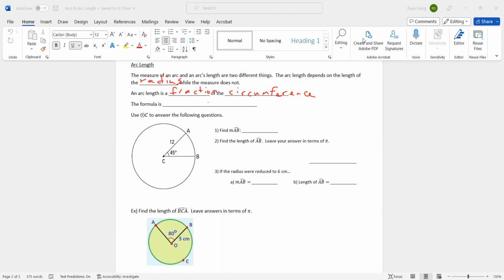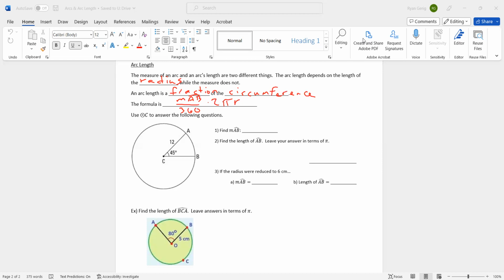The circumference is 2 pi r, right? But we're only doing a portion of it, a fraction of it. And the way we figure out the fraction is the measure of the indicated arc, so I'm just going to put AB to stand for all types of arcs, out of how many degrees possible. So that's the fraction piece. And you just multiply it by the circumference and you've got the arc length.